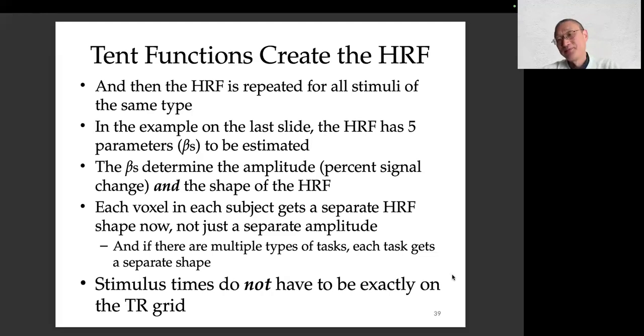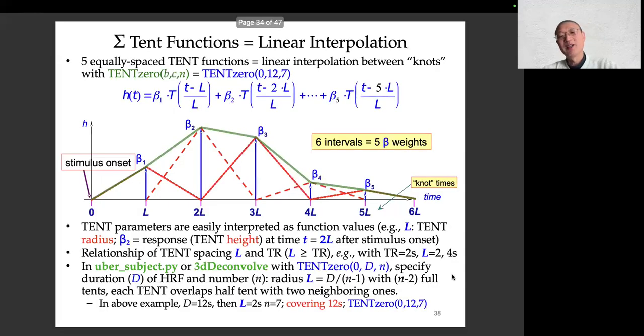Another downside is that we currently have no effective way to constrain the shape, because mostly we rely on the data. So you can call it data driven to some extent. The only thing we constrain is the duration, how much we want to cover, for example 16 seconds. That's the only thing we can constrain about this approach.